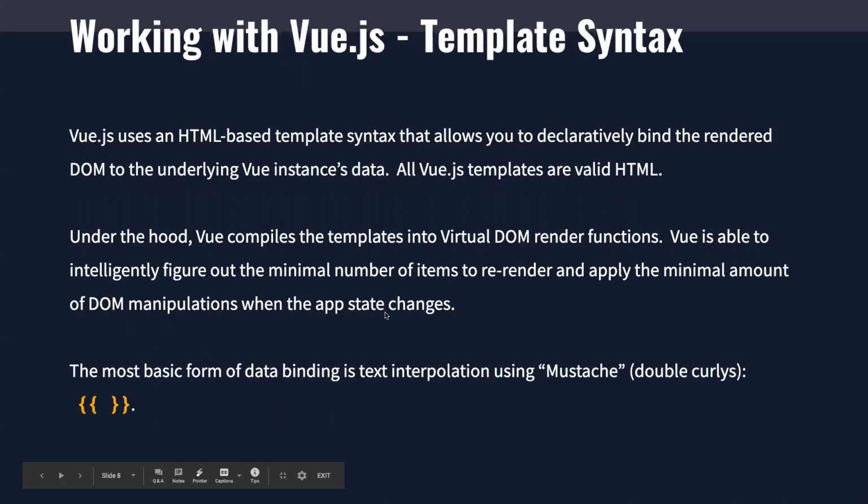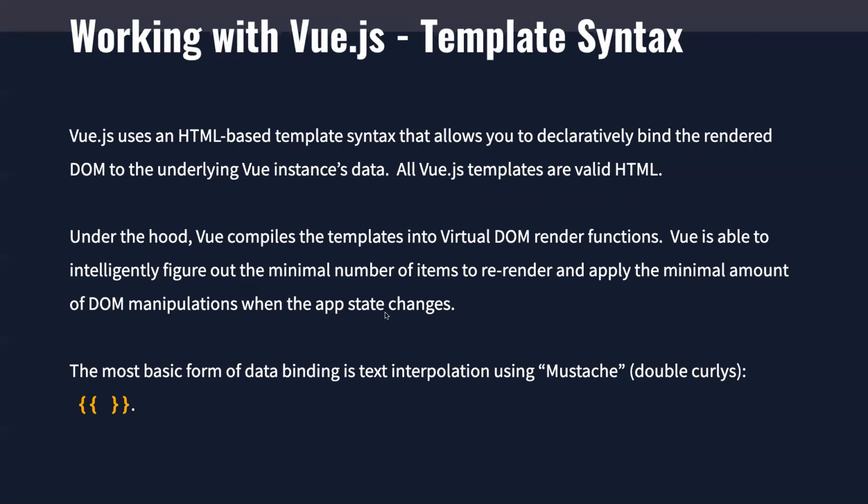And so in order to take this JavaScript and relay it onto the HTML page, we need some sort of template-based syntax that allows you to bind some values from the JavaScript into the actual HTML. And the way Vue does this, as we already talked about, they have the virtual DOM, but the syntax that you'll see down here is probably one of the most common.